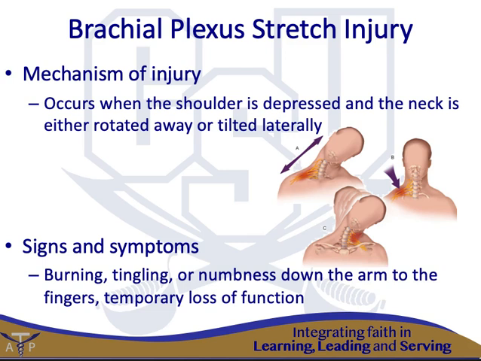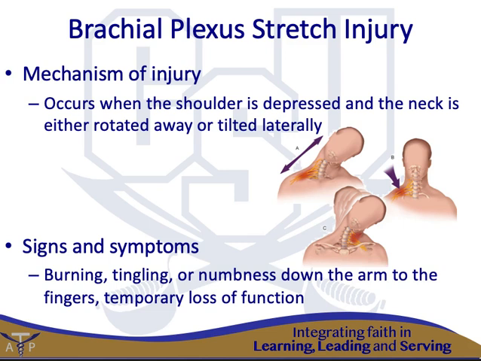When we look at mechanisms, a brachial plexus stretch injury occurs when the shoulder is depressed and the neck is either rotated away or tilted laterally from the depressed shoulder. So we're really stretching out those nerves within the shoulder. Signs and symptoms typically include burning, tingling, and numbness down the arms and fingers of the affected side.